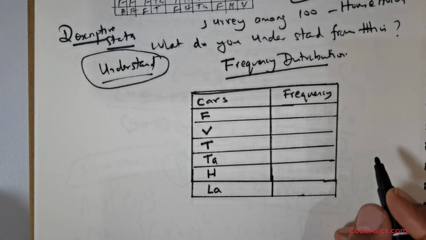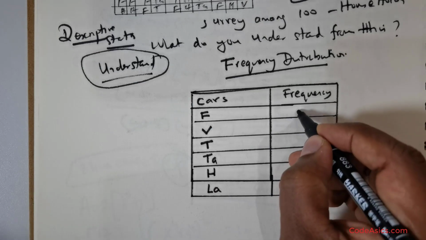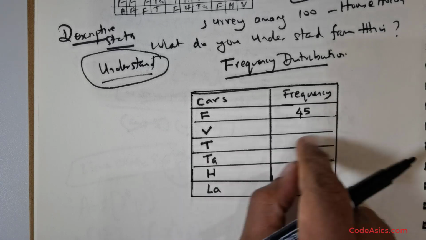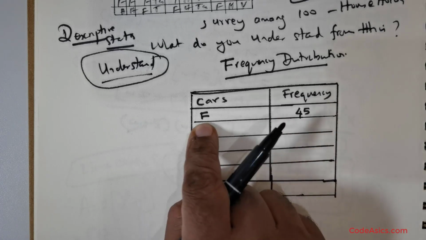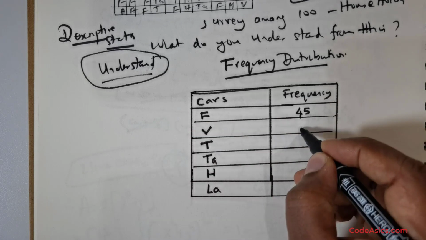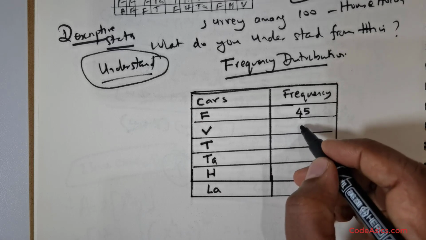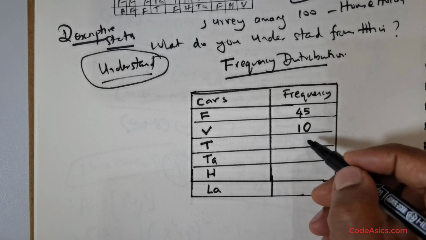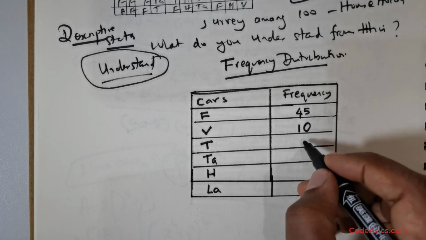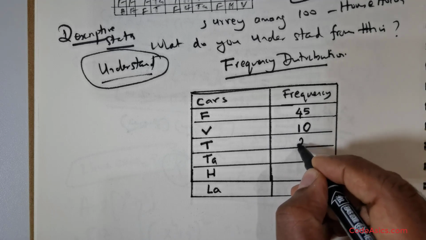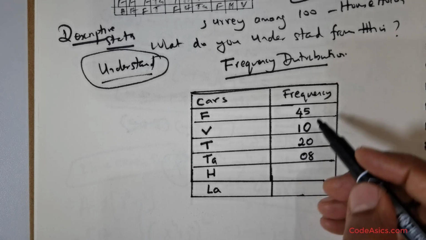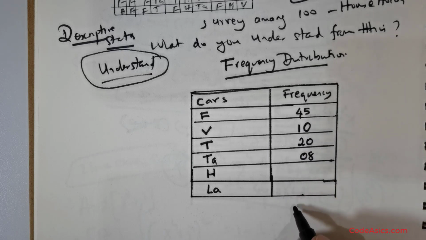Let us assume that we have located 45 households which are using Ford. The number of people using Volkswagen is 10, Toyota say 20, and tank is 8. Now we have 100 households, so this total should be 100.